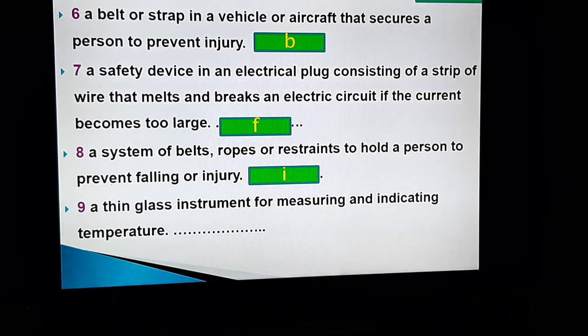Number 9, a thin glass instrument for measuring and indicating temperature. It's very easy. It's a thermometer. So it's picture D. These are the new or modern innovations that we use to safeguard or to protect the lives of people.